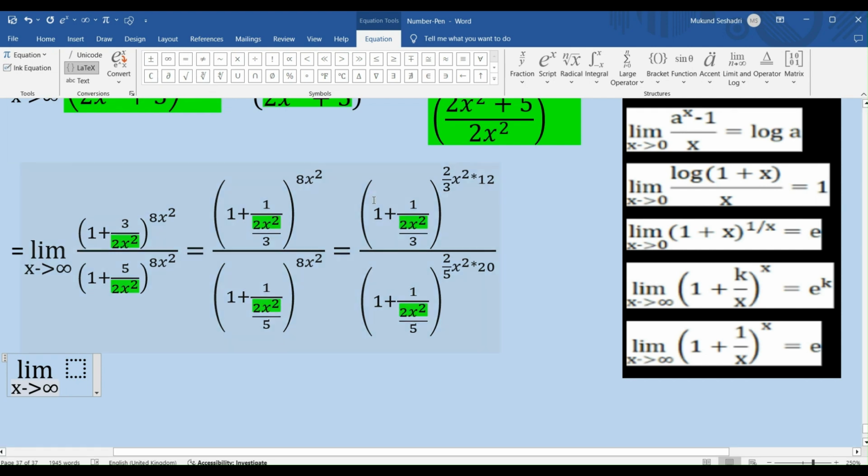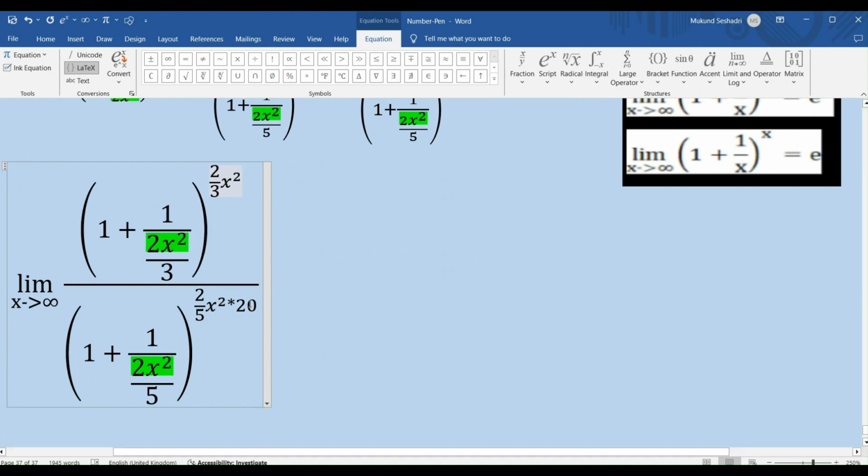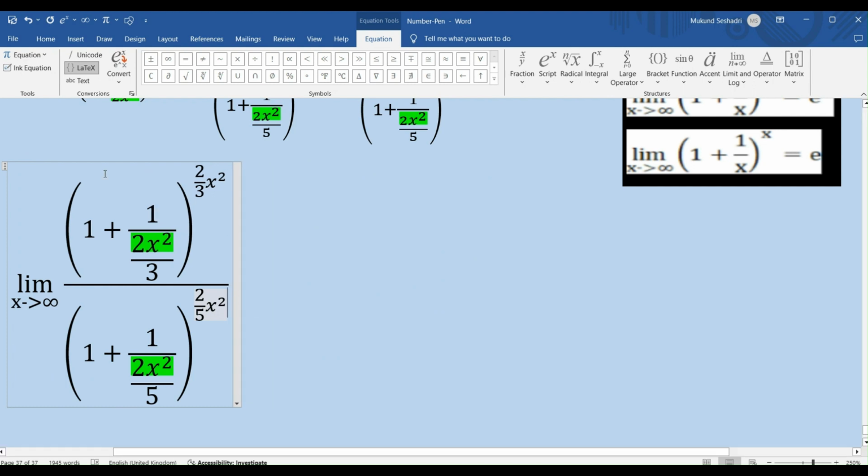Tending to infinity. And folks, I'm going to copy this now, and I'm going to write this as 2 by 3 x squared. I'm going to move this 12 and 20 to the power of, right? It still does not change the expression, and you all folks know why.